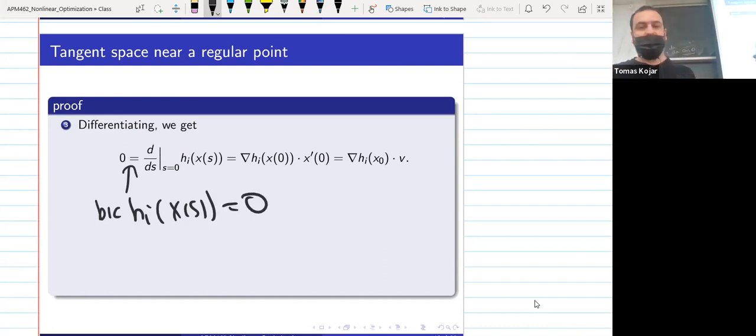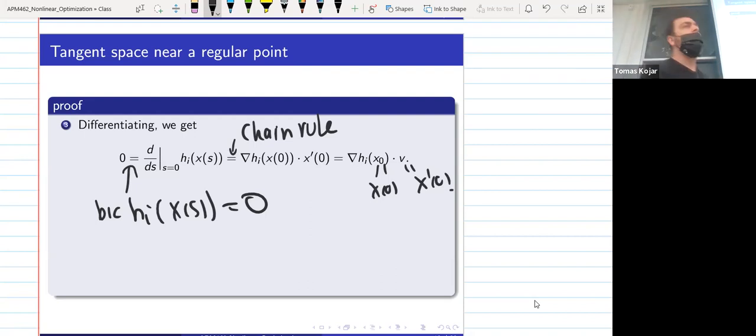Second step, I did the chain rule, and I just plugged in the definition. This is equal to x'(0). Is that okay?